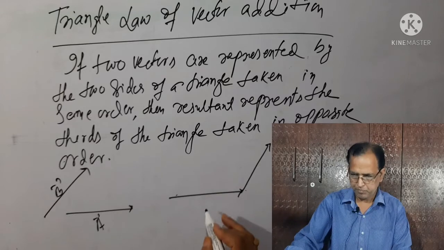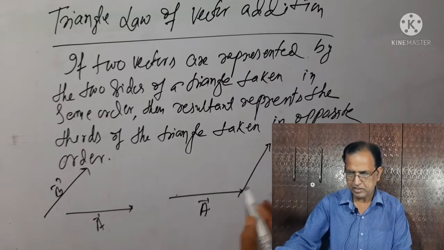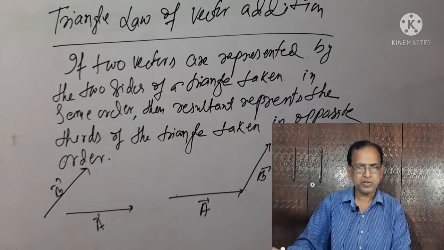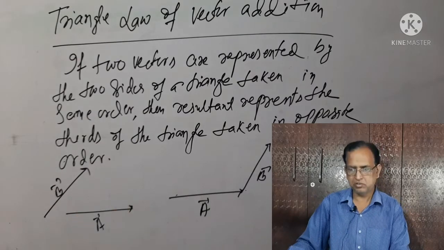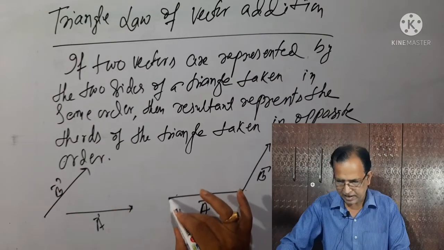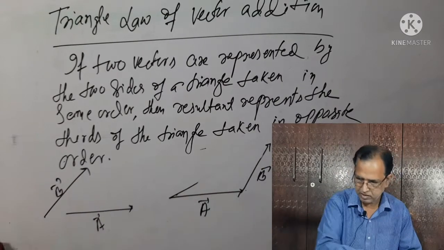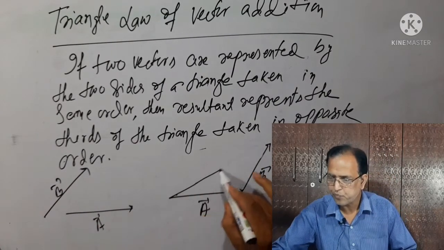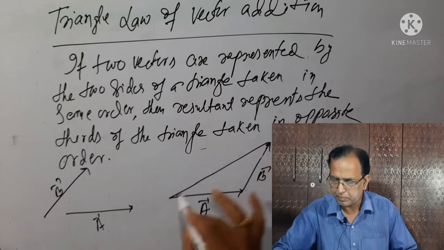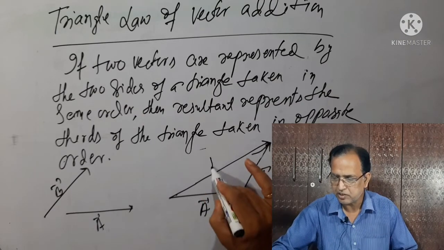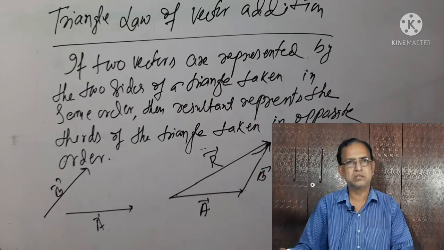According to this law, the third side represents the resultant vector.